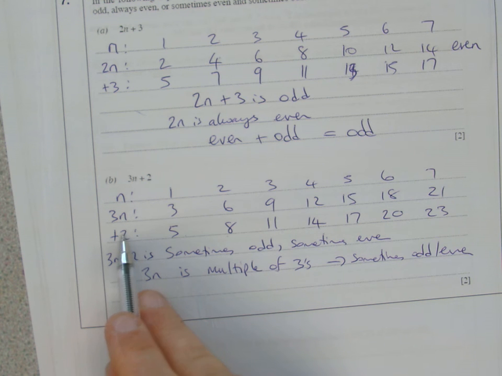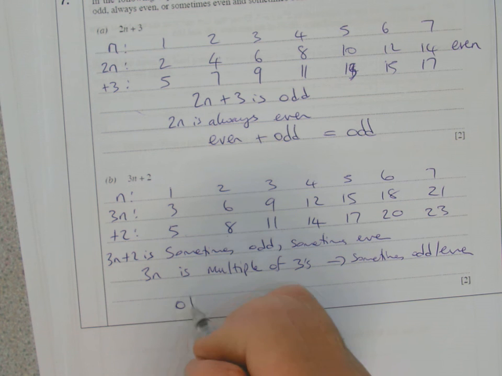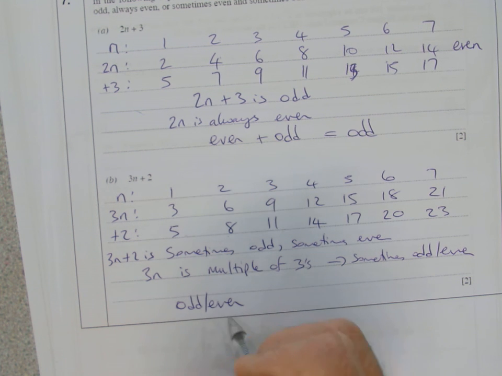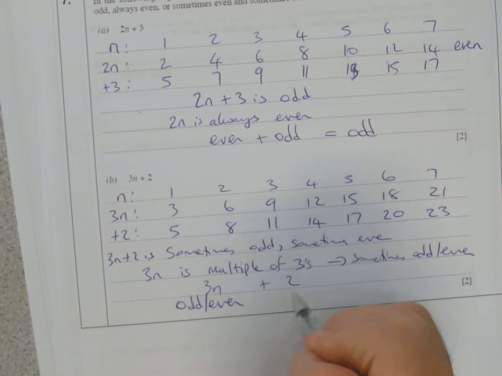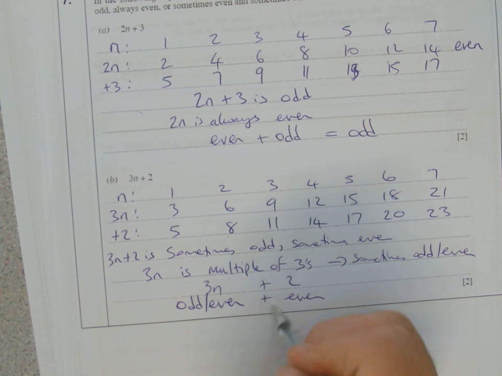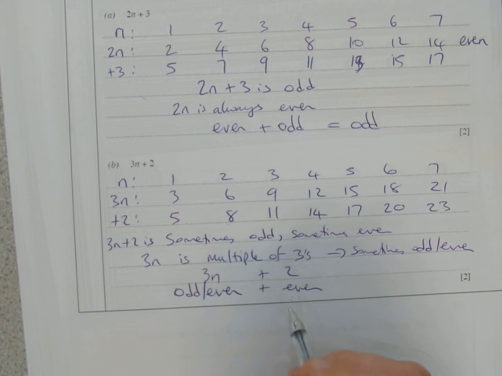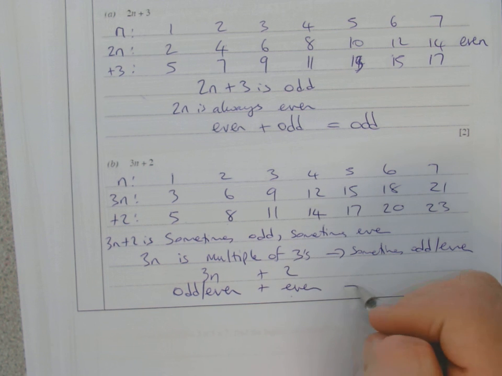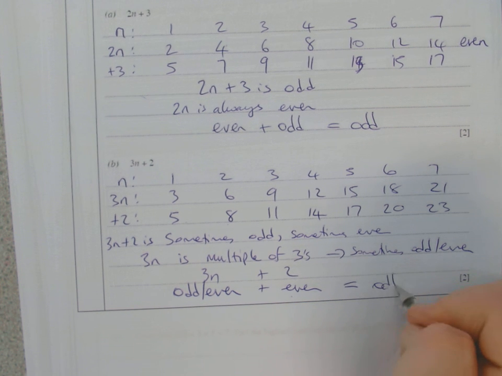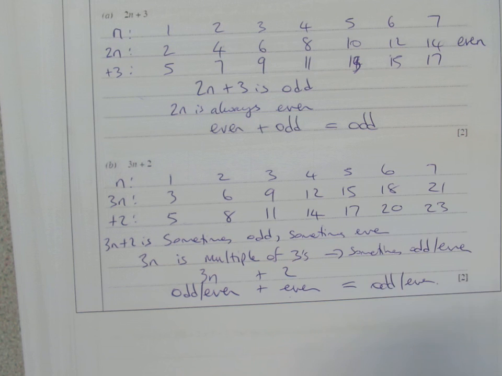And then we're adding 2 onto it. Now 2 is an even number. So when we add even to an odd, it will be odd, and when we add even to an even, it will be even. So that's why you end up having sometimes odd, sometimes even. I hope that clears that up for you.